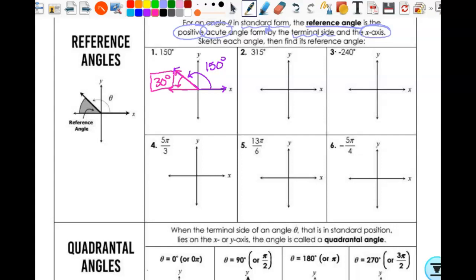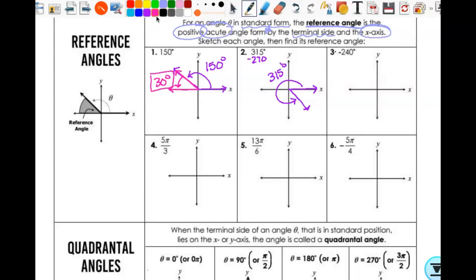All right, so then we have 315. I start here. This is 90, 180, 270. And then I've got to go some more. What's 315 minus 270? 45. So this right here is my 315-degree angle.